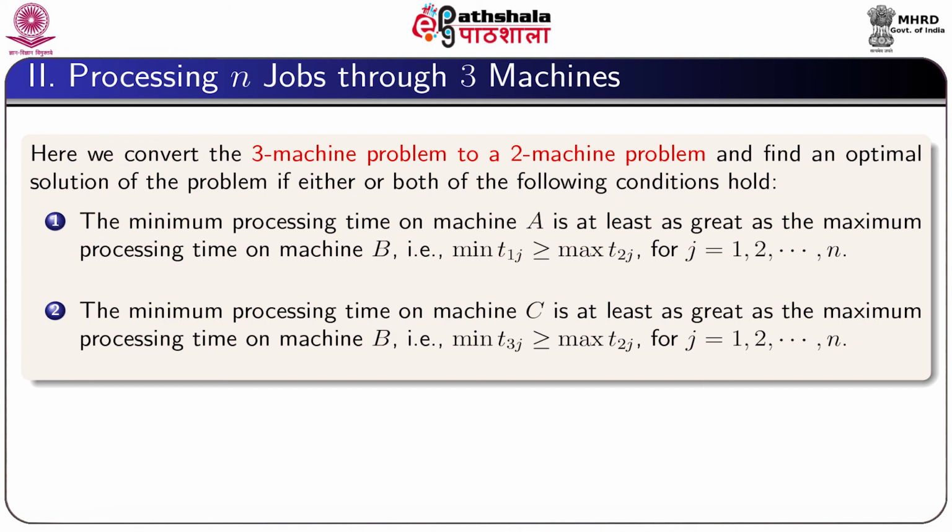Condition 2, the minimum processing time on machine C is at least as great as the maximum processing time on machine B, that is minimum T3j is greater than or equal to maximum T2j for j equal to 1 up to n.